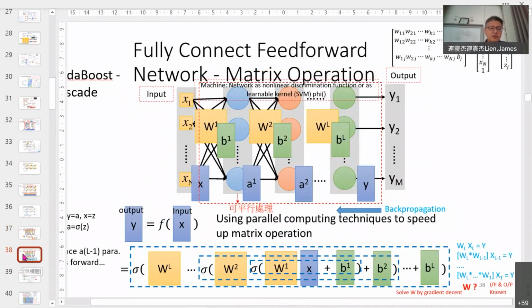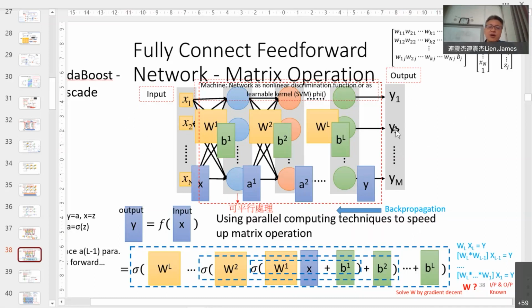This page is 38. This is your input. This is what we originally talked about. This is your output labeling. So suppose we have 10 digits from 0 to 9. When the input is 0, this will be 1, and the others are 0.